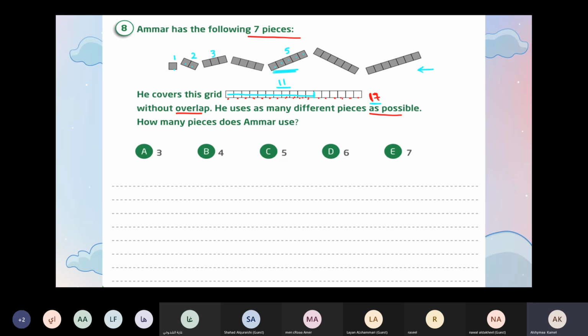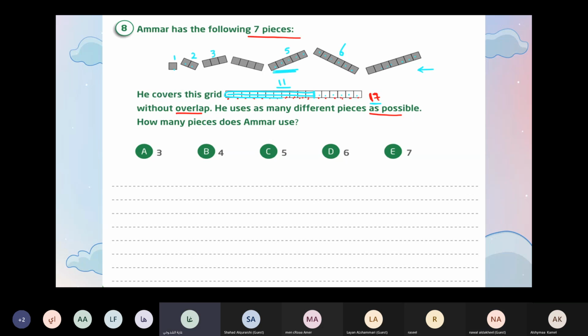We stopped here. Teacher, I think I know the answer. So I need 1, 2, 3, 4, 5. Did I have any piece that has 6? This is 1, 2, 3, 4, 5, 6, 7. This is the right one, yes. The second one on the right. Teacher, it's this one, behind the 5.